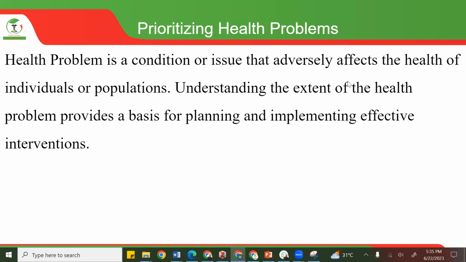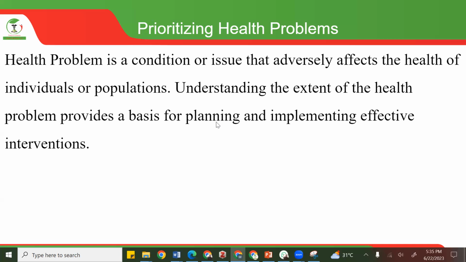So basically, you need to decide what interventions you actually have to implement to address specific health problems. So a health problem, first of all, is a situation or a condition, basically a condition or an issue that affects the health of individuals or populations.